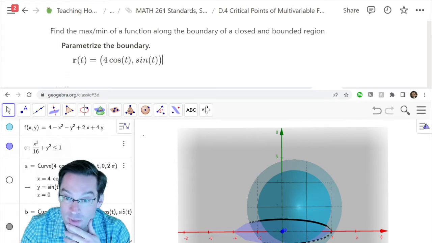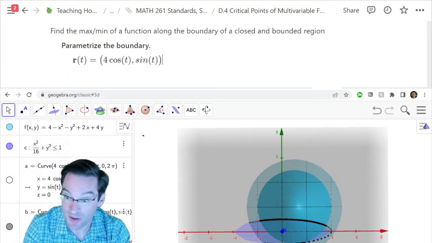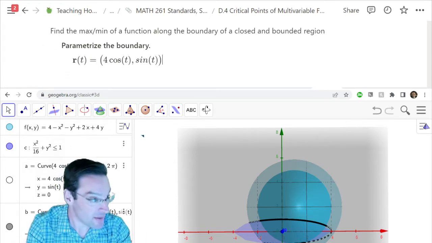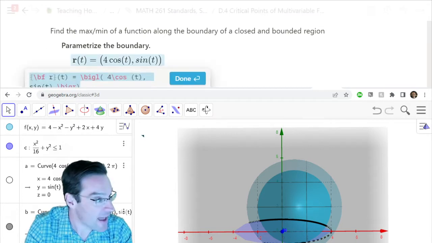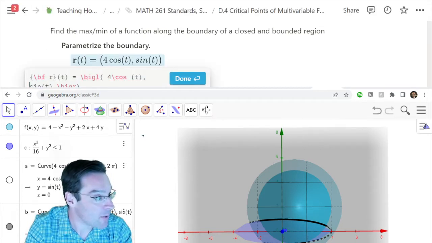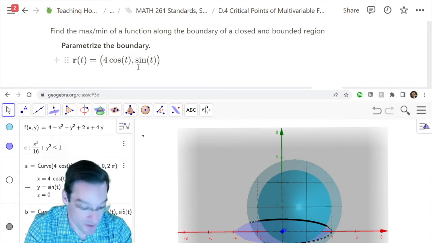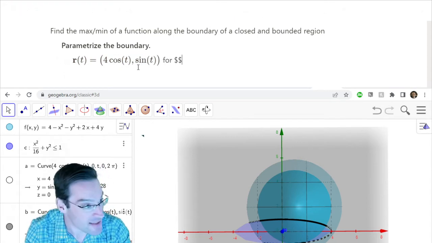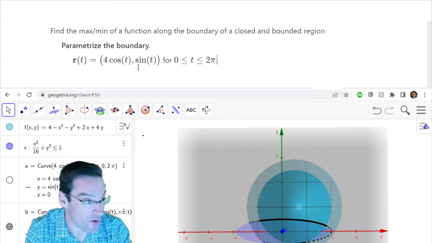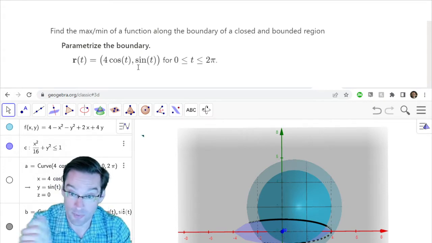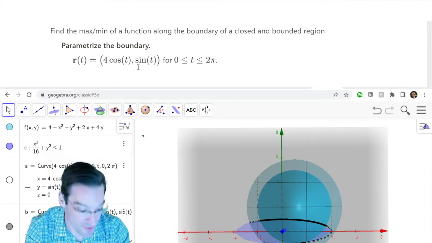So that would be a parameterization of the boundary of this ellipse. And what's nice about that is that it describes for me every single xy point that is a part of that boundary. And as long as I let t range from 0 to 2 pi, that gives me the whole ellipse going all the way around. So there is my parameterization.